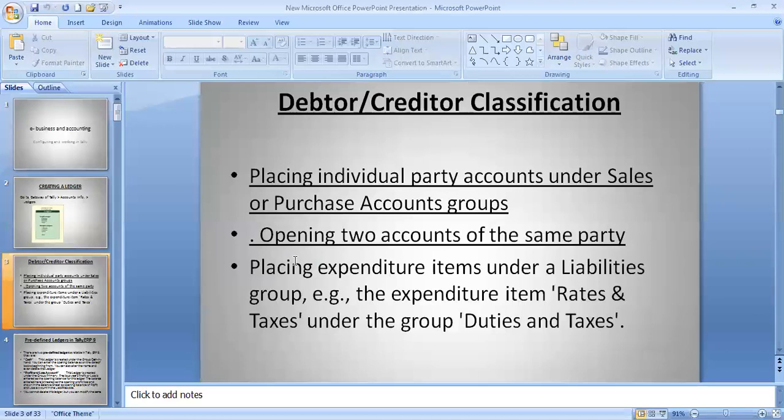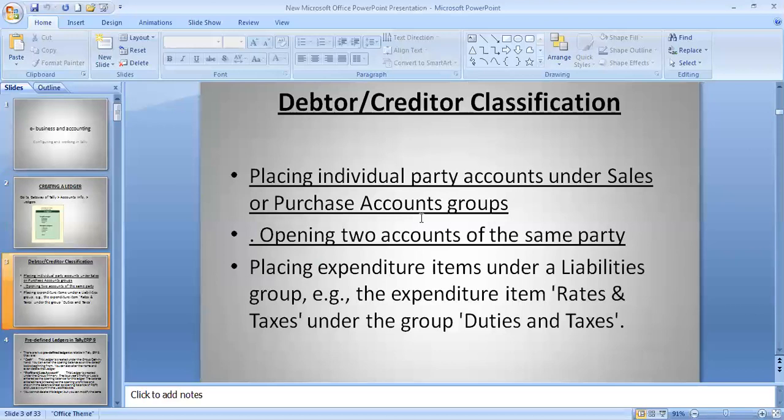So first is placing individual party accounts under the sales or purchase accounts group. Accounts of parties with whom your company has a trade relationship must be opened under one of the following groups. Where you are maintaining a trading relationship, you can open party accounts under the sales or the purchase accounts group.